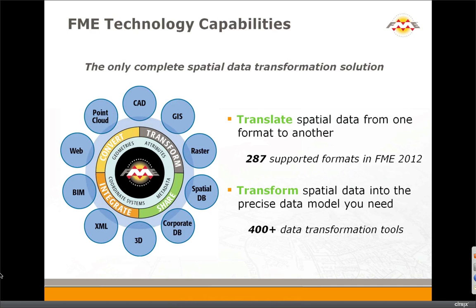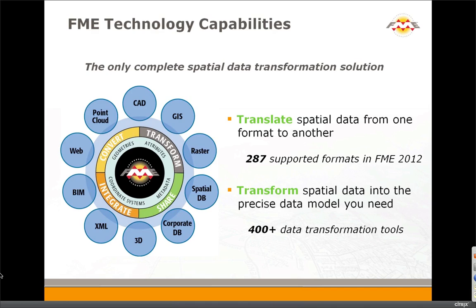And FME Technology, for those of you that haven't become familiar with our products yet, is used to translate and transform data from a wide variety of spatial and non-spatial data formats. Our product originated in the CAD and GIS area, and we expanded that to work with spatial databases.